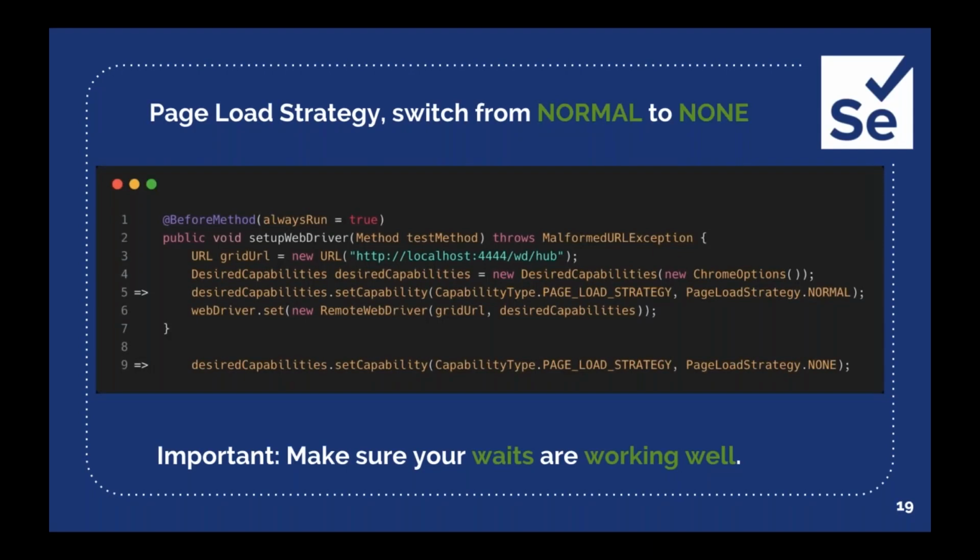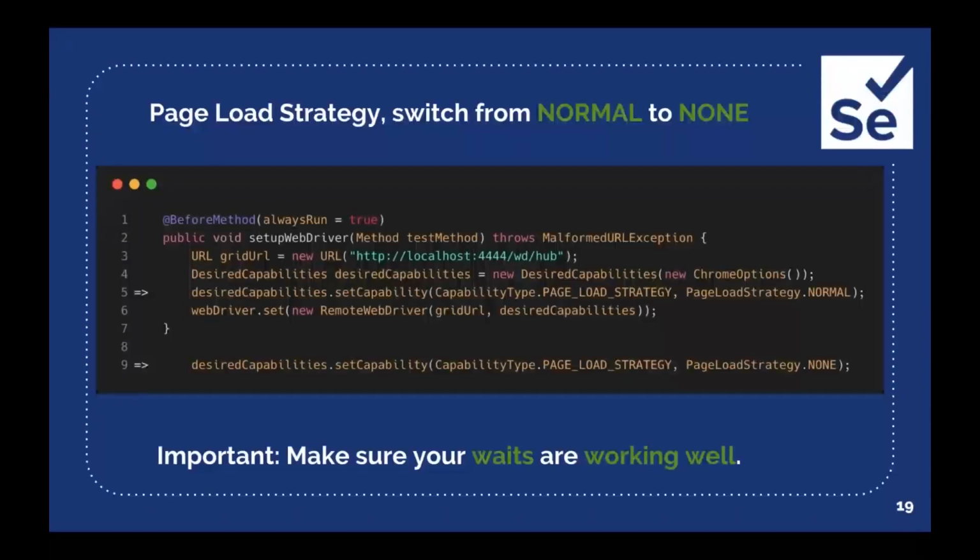So how does this look in the code? This is Java, but this is applicable to all the other language bindings in Selenium. The idea is that in line number 5, at the end, you can see the page load strategy normal.